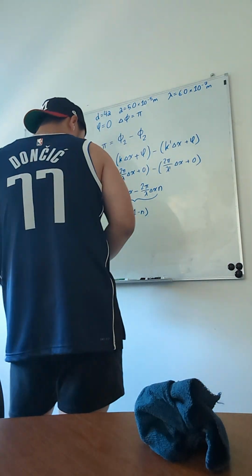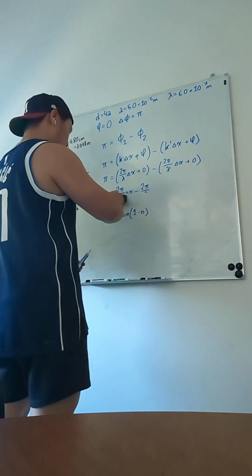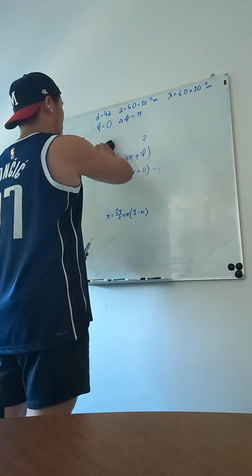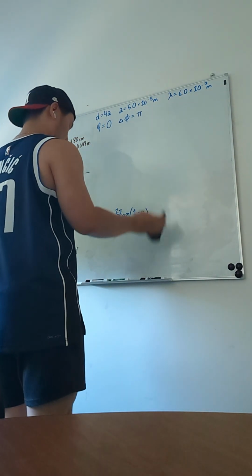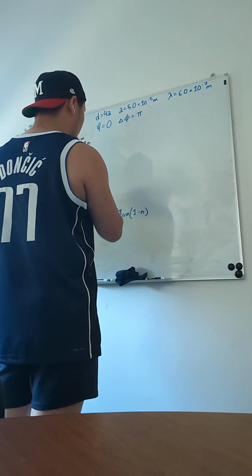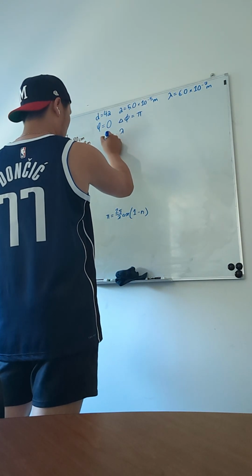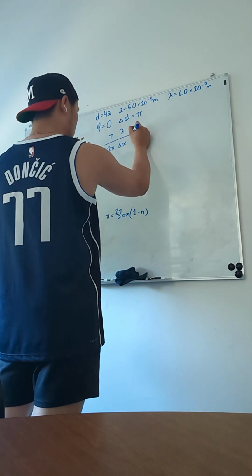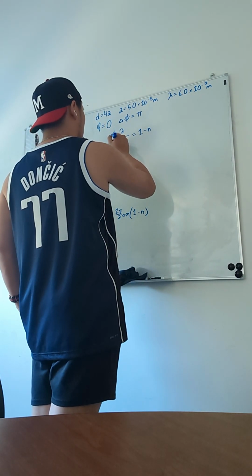Actually, let's just move this. We can move this over here, so what we get is lambda on top: pi lambda over 2 pi del x is equal to 1 minus n, and we know that the pi's cancel out.